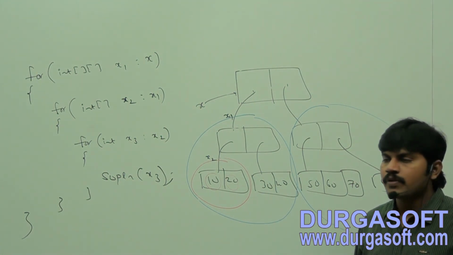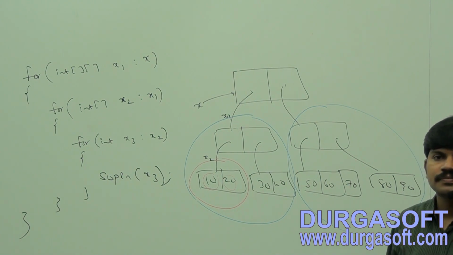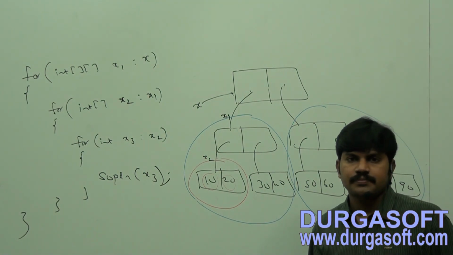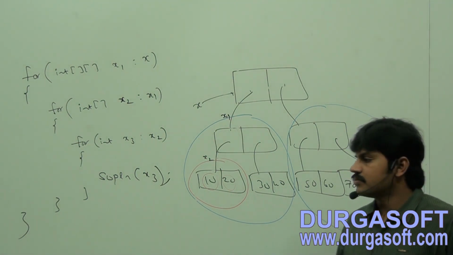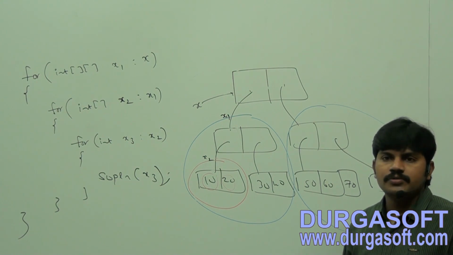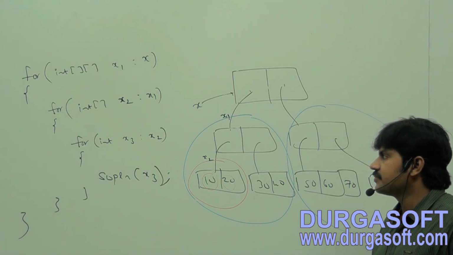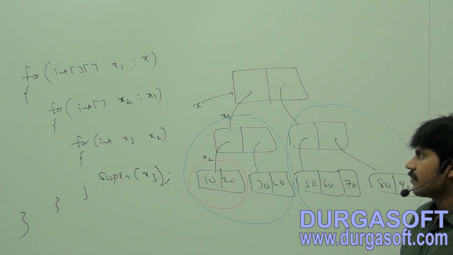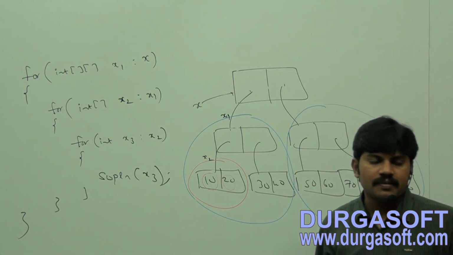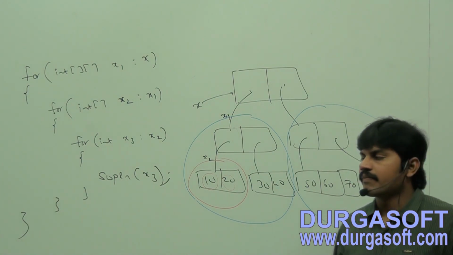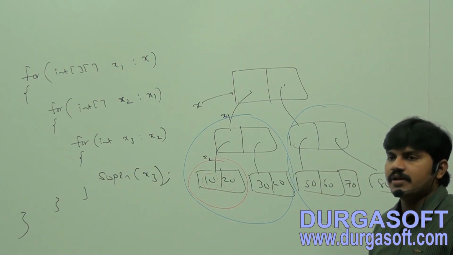Normal for loop, for each loop, observe the point well. How to print elements of a three-dimensional array by using for each loop.